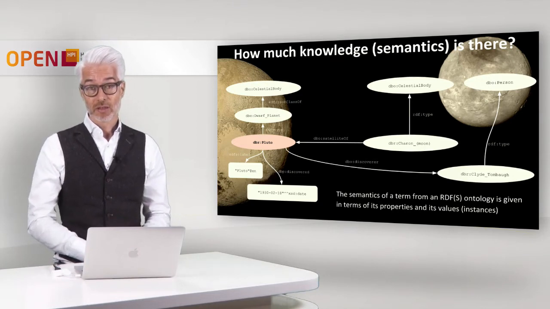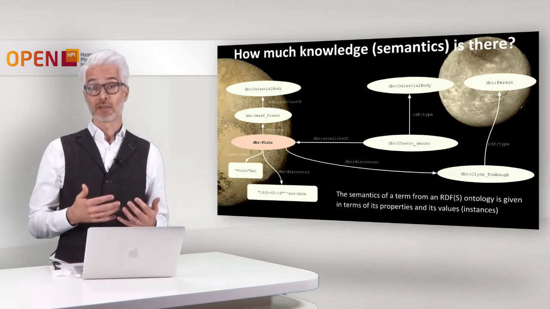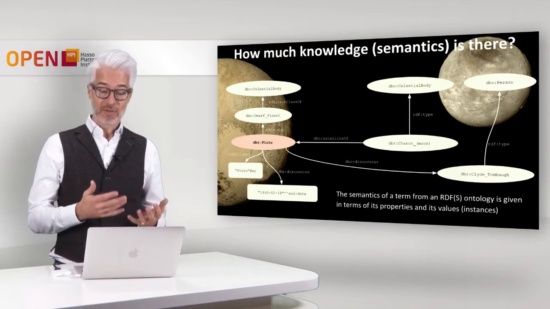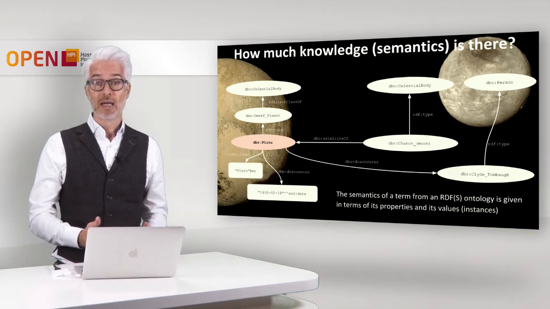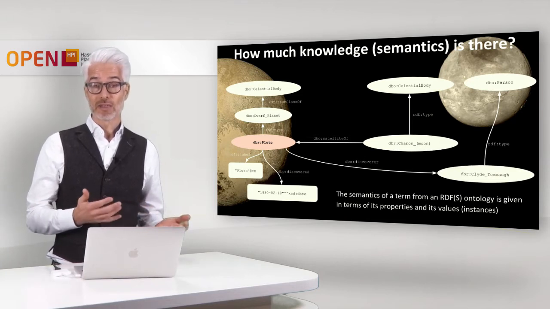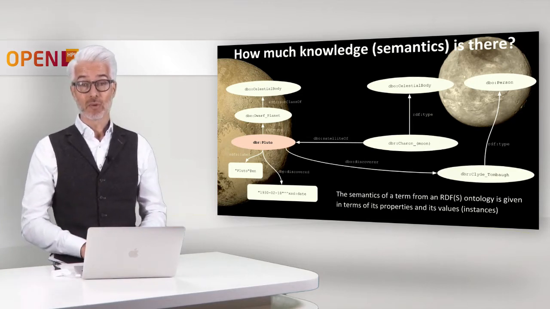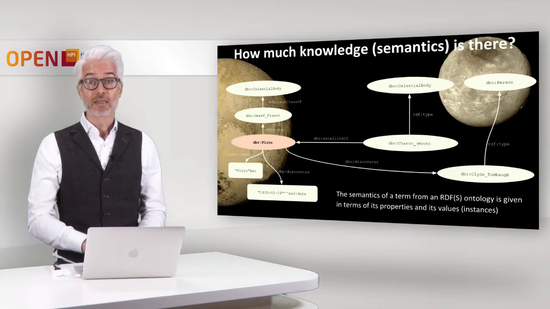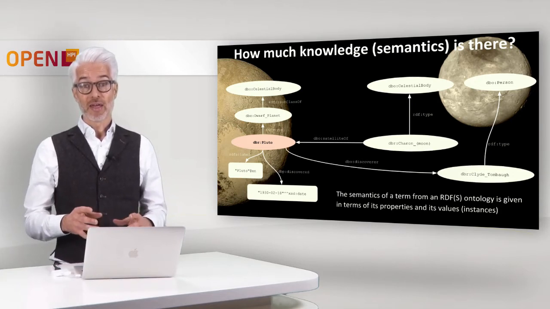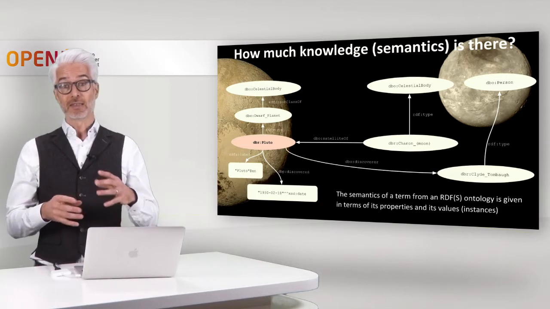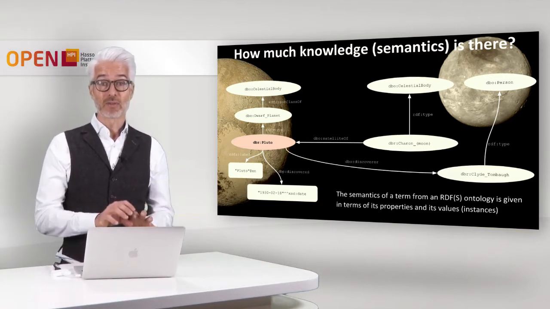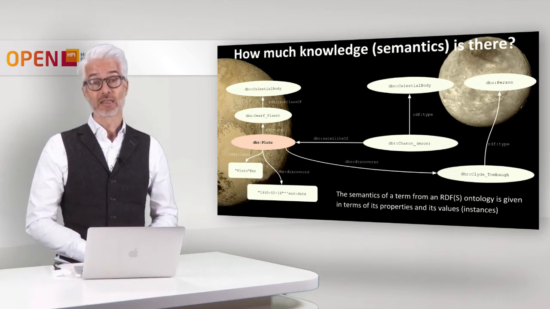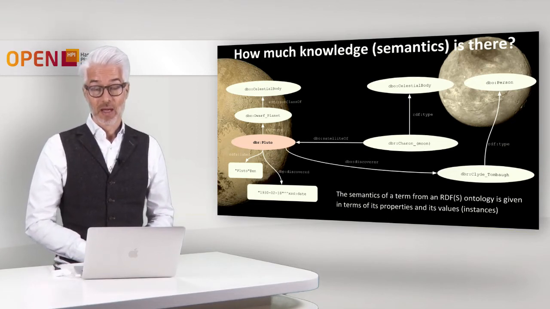So therefore, the semantics comes from somewhere else. The semantics simply is defined for an RDFS ontology in terms of its properties and its values. And the properties, they connect entities with each other, and the values, of course, they give an object a specific value that again characterizes a specific property of the entity we are talking about.